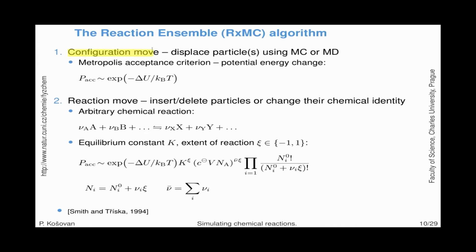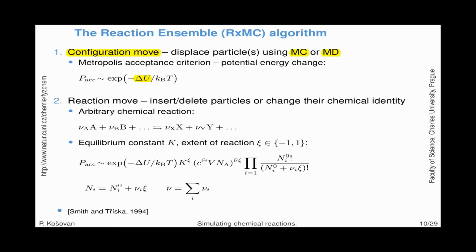One of them we call the configuration move, where we displace the particles, and this we can do either using Monte Carlo or using molecular dynamics or Langevin dynamics. In the end, the new configuration is accepted using the usual Metropolis acceptance criterion based on the change of potential energy between the initial and final steps.